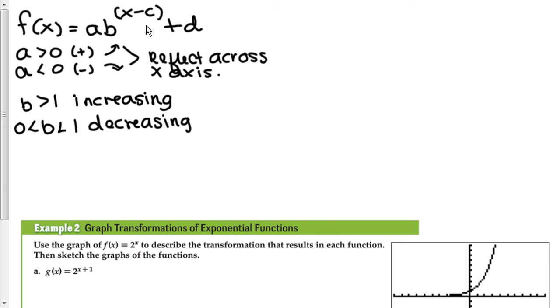Up here in my exponent, if my x is negative, we reflect across the y-axis.